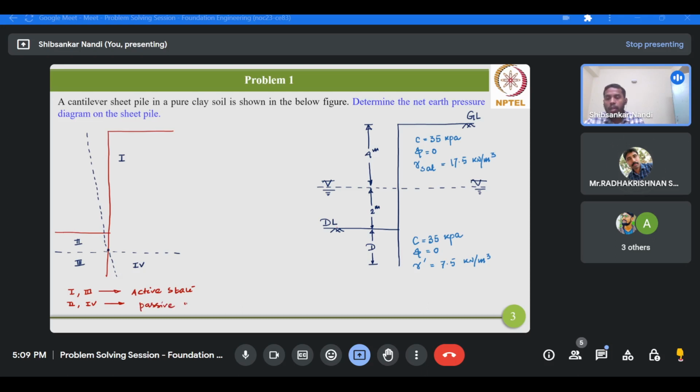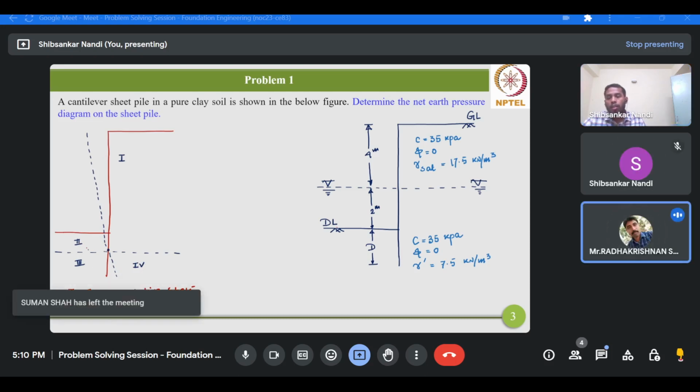And this is from the basic fundamentals. Why? Because in region 1, the retaining wall is basically moving away from the backfill, and region 3 also. So region 1 and region 3 will be under active state, whereas for region 2 and region 4, the wall is basically moving towards the backfill. Therefore these 2 regions will be under passive state.